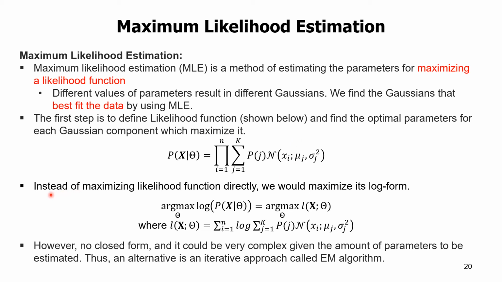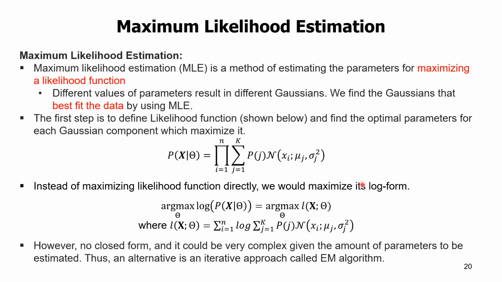In practice, when you maximize this, instead of maximizing this likelihood function directly, we usually maximize its log form. We put log on both sides here. The reason is that because of these multiplications, the computation is a little tricky.